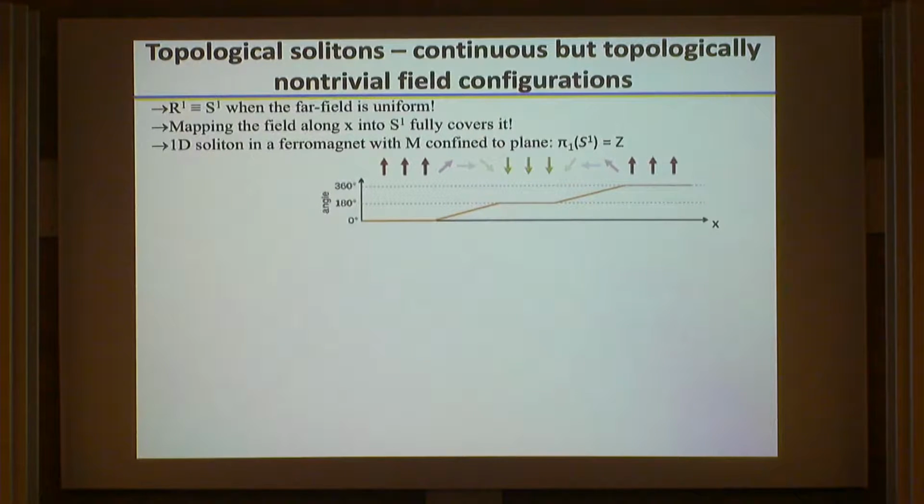Now, you could ask, what does it have to do with the sphere-to-sphere maps that we discussed earlier? Well, you can appreciate that with a uniform far-field background, we can extend this one-dimensional system to plus and minus infinity, and this becomes a circle, and we would again be mapping from an S1 sphere to the order parameter space, which for this system, with all possible orientations of magnetization confined to 2D, is also a circle.